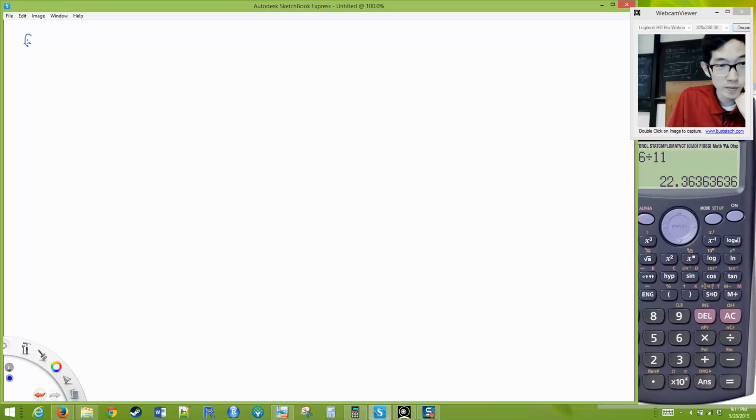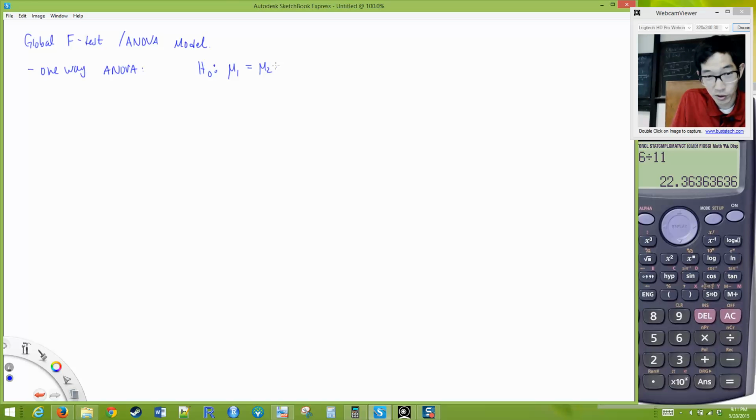In ANOVA model. So for one-way ANOVA, we stated that our null hypothesis is that mu1 is equal to mu2, equal to mu3, equal to mu4, etc. Now, another way we can do this, this can be rewritten or reformulated this way, which is equivalent, but maybe perhaps a bit more flexible for other types of models.